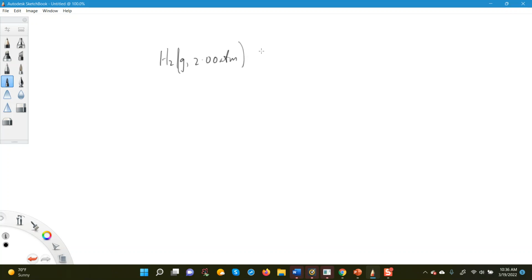And let's say that you decided to increase the pressure of the hydrogen gas from 2.00 to 10.00 atmospheres. Then what we have here is a change of state. Because even though they're both in the same gaseous state, by virtue of the fact that the pressure has changed from 2.0 atmospheres to 10.0 atmospheres, we're talking about a change in the state of hydrogen by simply adjusting the pressure.